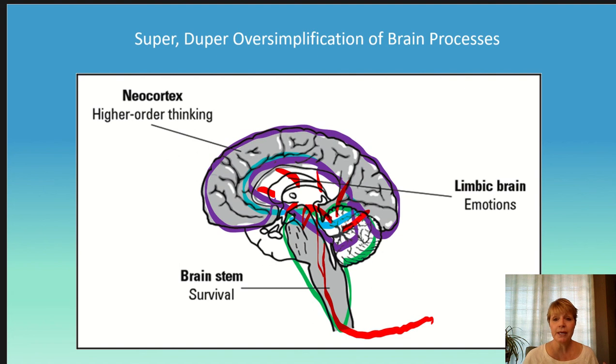Now, one of the biggest problems with this is that this information is not a secret. Lots of people know this. They know that if they put a trigger in front of the average human, they can light up the emotional centers of our brain so that we do not engage logic and reason before we make a decision.